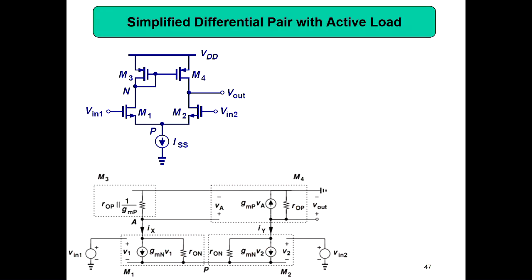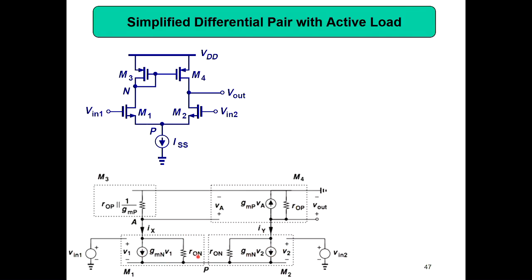So when you draw the full small signal, see Vin1, then this part is open, the current source is open, and then you get this part Vin2. So this is the source, and here it is open between gate and source. Then you get the current source between source and drain here, and this current source here.